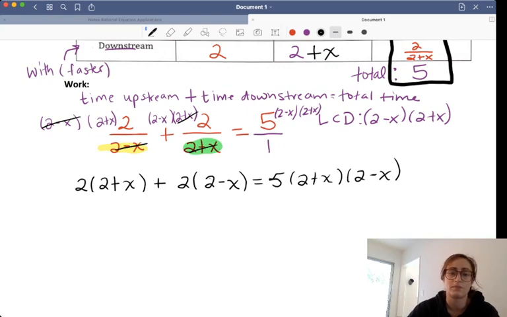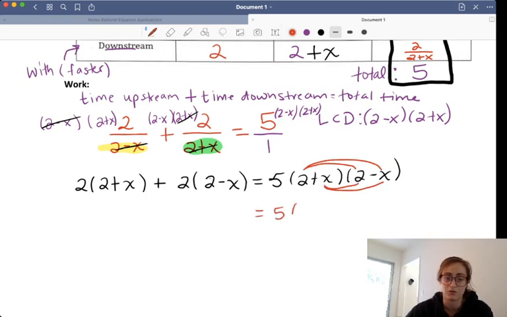On the right side, you can distribute the 5 first. For me, it's going to be easier to do double distribution here first because those are conjugate binomials. So I already know that's going to be 4 minus x squared because the middle terms are going to cancel out. You can write that all out for yourself if you want to.